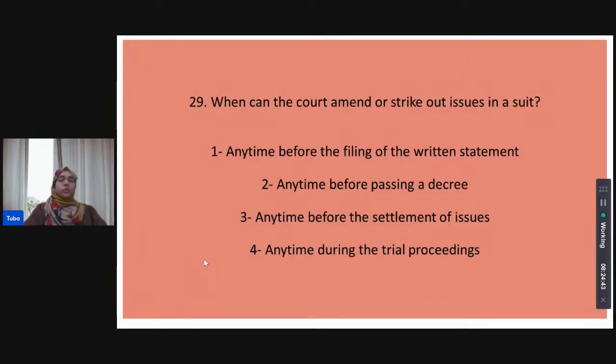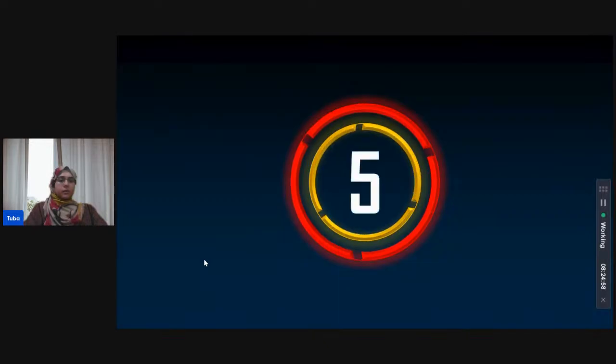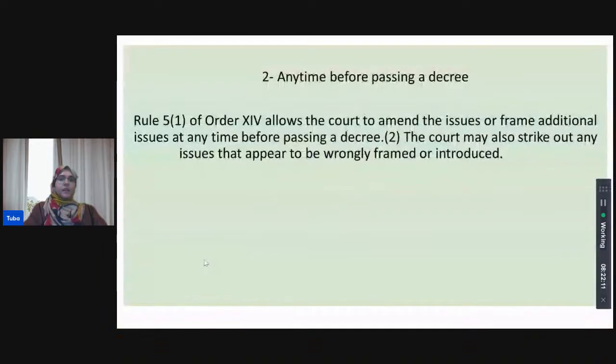When can the court amend or strike out issues in a suit? Is it to be done at any time before the filing of the written statement, any time before the passing of a decree, any time before the settlement of issues, or any time during the trial proceedings? It is any time before the passing of decree.